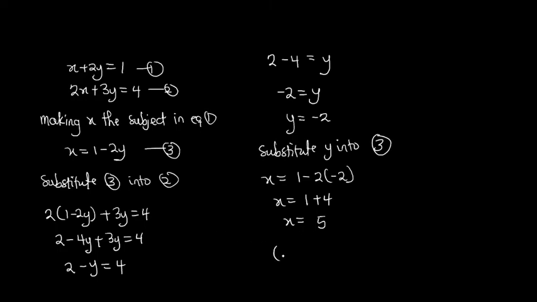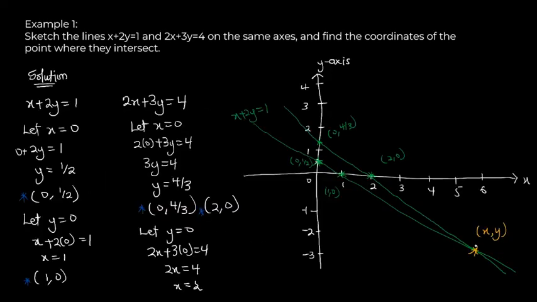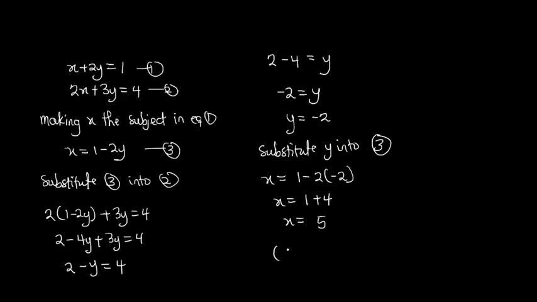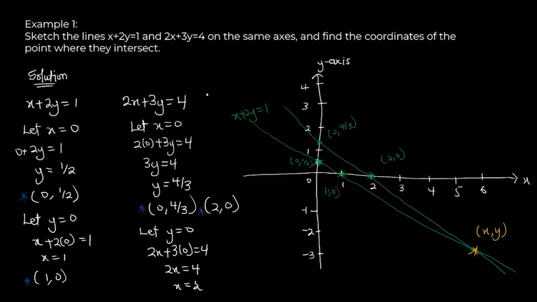So therefore it means that the point over here where these two lines met is x is equal to 5, and then y is equal to negative 2. So this is the point of intersection of the two lines that were given in this particular question.